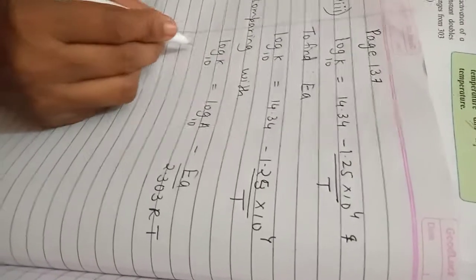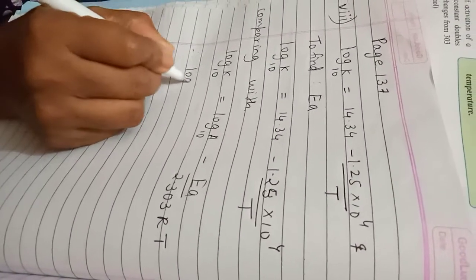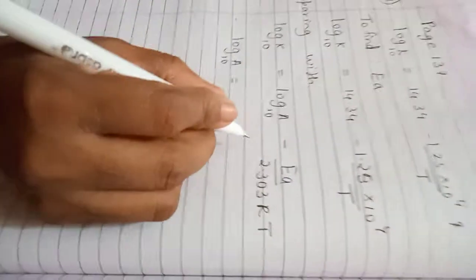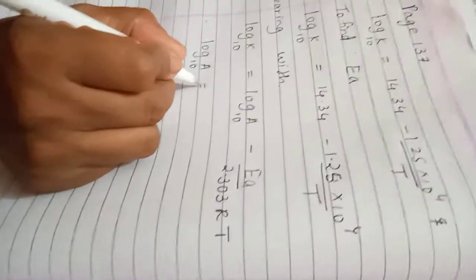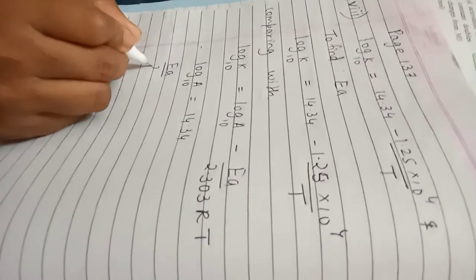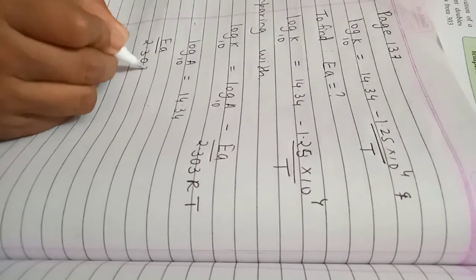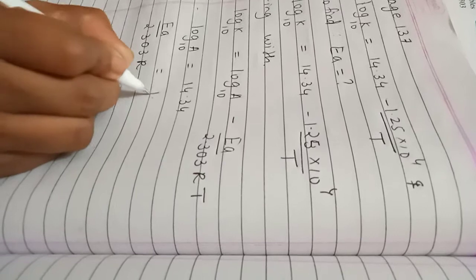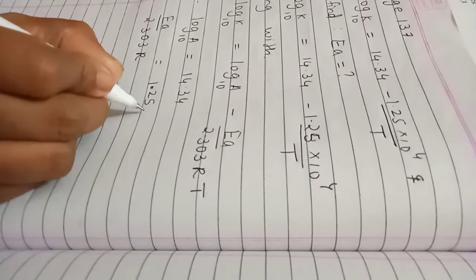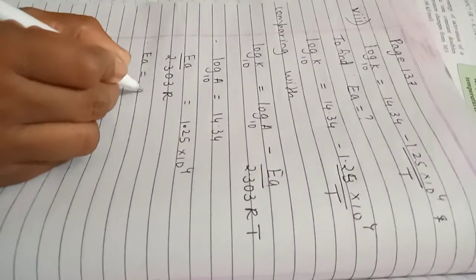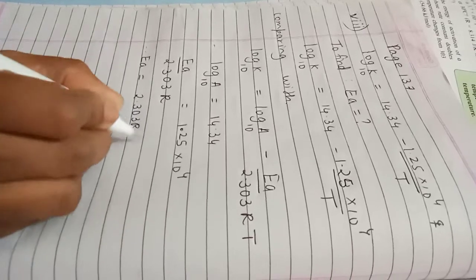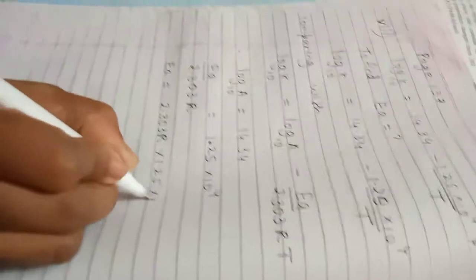From this it is very clear that log A to the base 10 is equal to 14.34 and EA upon 2.303 R is equal to 1.25 into 10 raised to 4. Tell me, what is EA then? It is 2.303 R into 1.25 into 10 raised to 4.